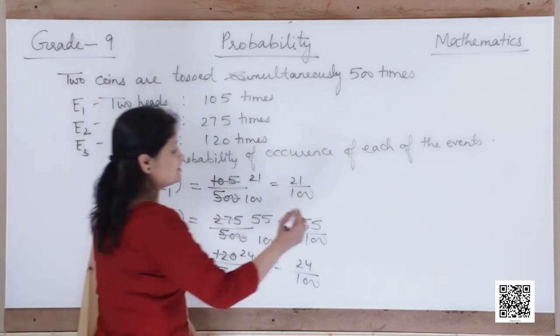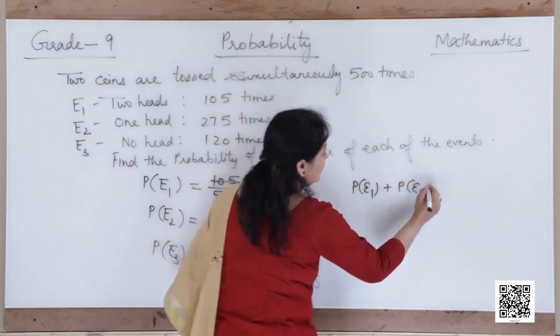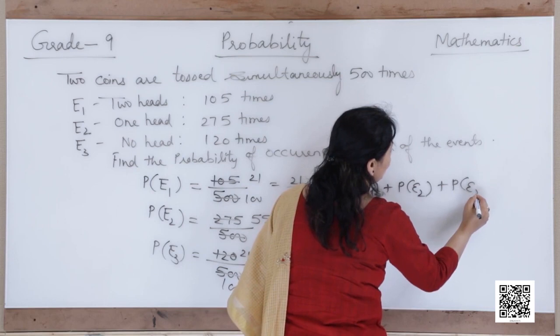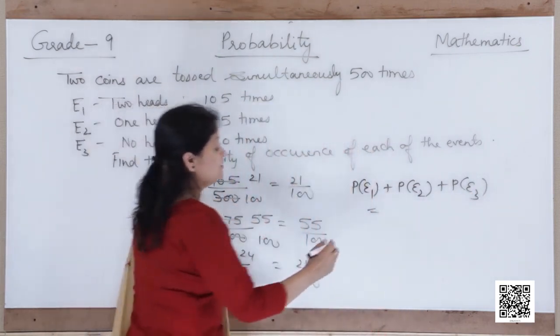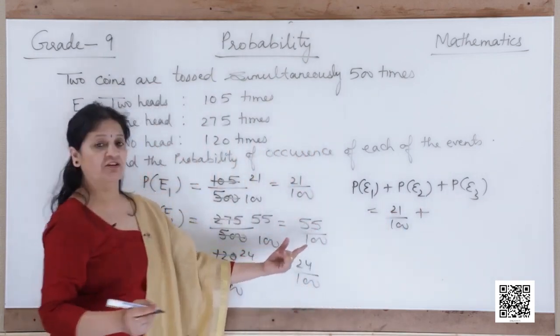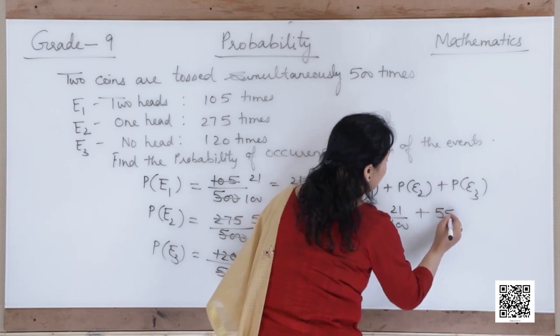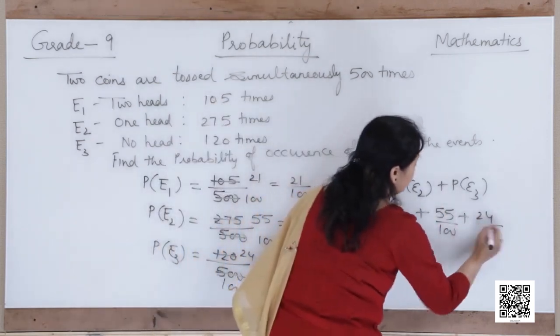Now what we can show is probability of E1 plus probability of E2 plus probability of E3. These are the only three events. E1 21 by 100 plus E2 55 by 100 plus E3 24 by 100.